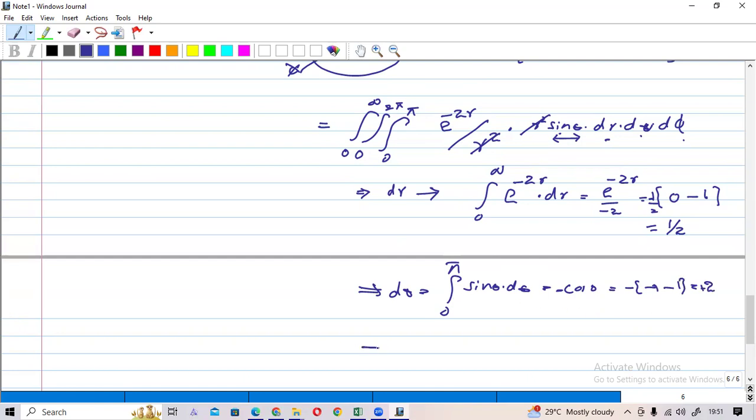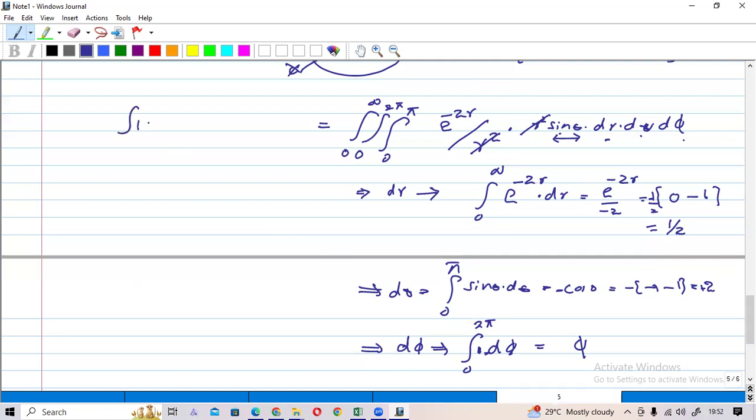Now you need to consider it with respect to what? d phi. If you consider d phi, this is a constant, you can ignore it. So there is no other variable, you will have only d phi here. That means only 1 is there, 0 to 2 pi.